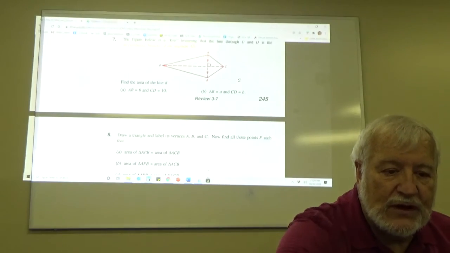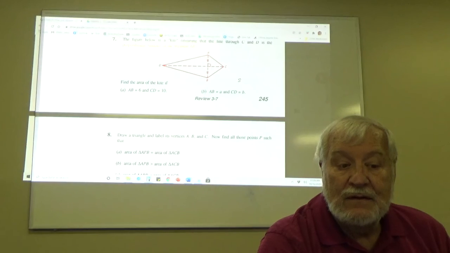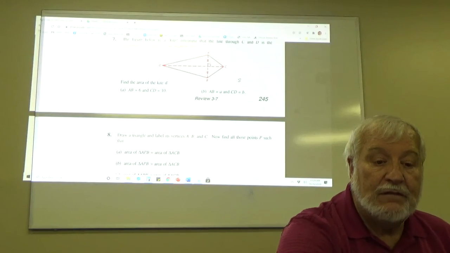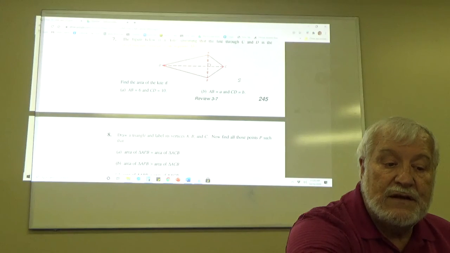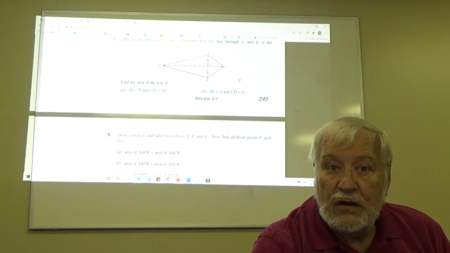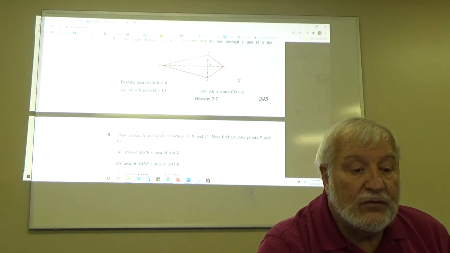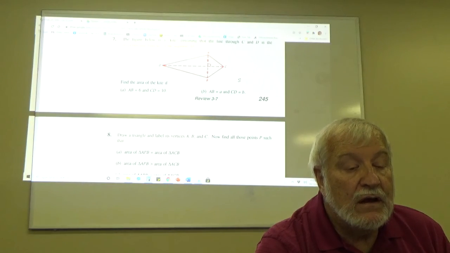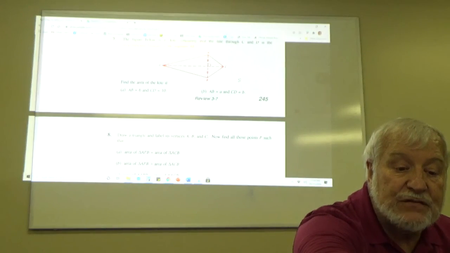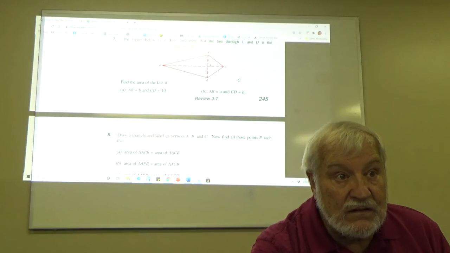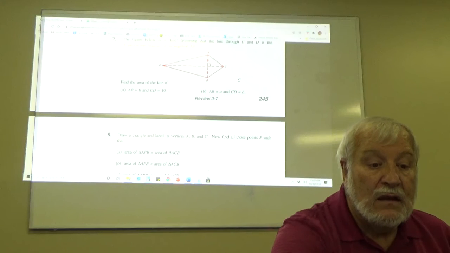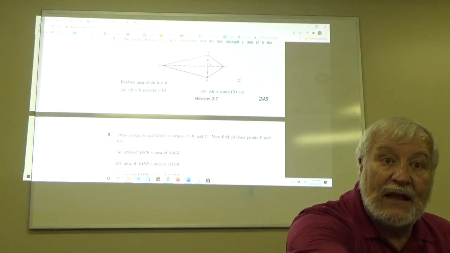All right, this is the one I tried to get you to draw. If in a kite the diagonals meet at right angles, so we have a base from A to B, and if we have the height, we can calculate the area to one side and the area to the other side.